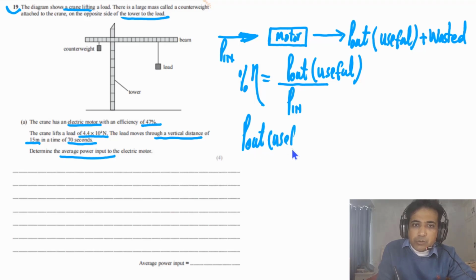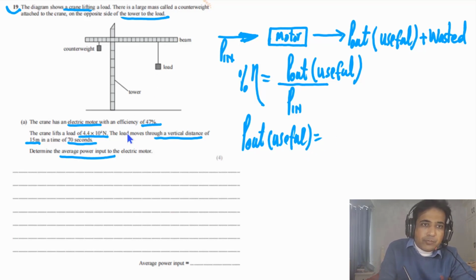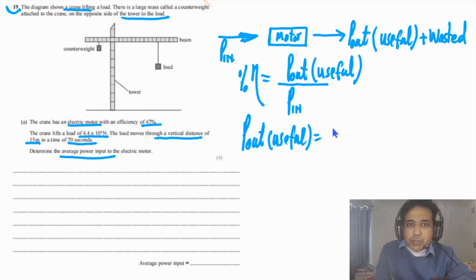So P out useful we can calculate, that is equal to the work done by the motor to lift this load divided by time taken. So we can simply write down the work done by motor divided by time taken.